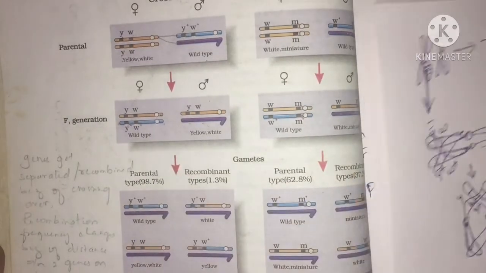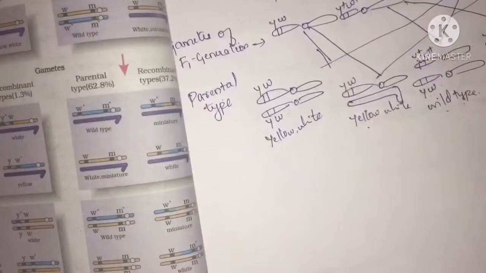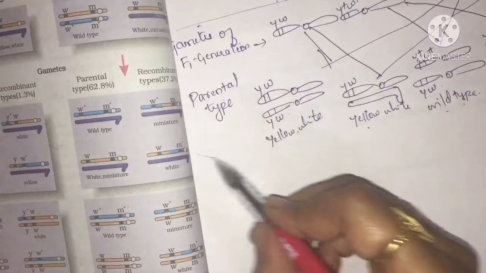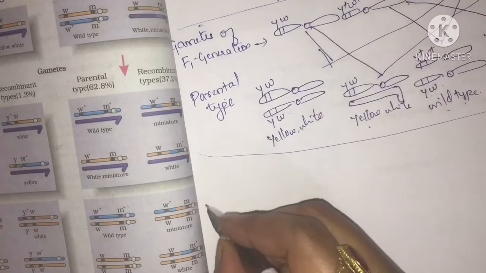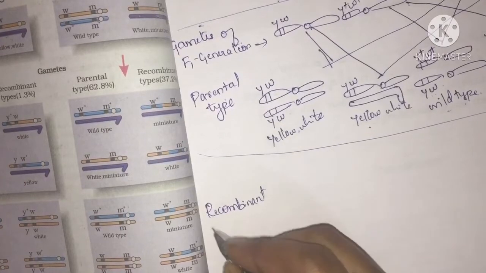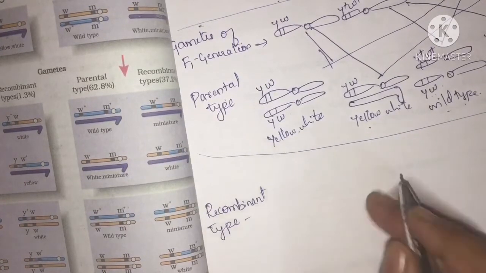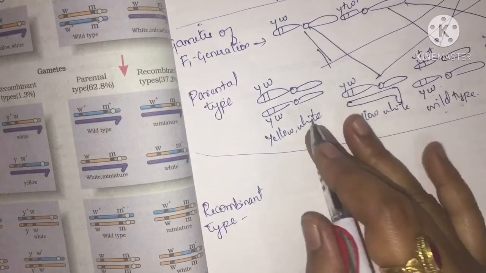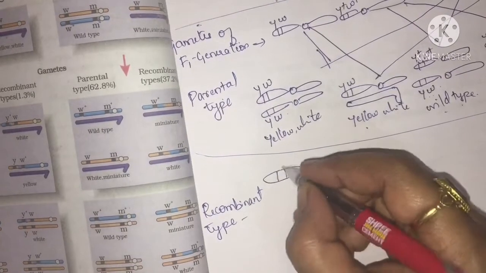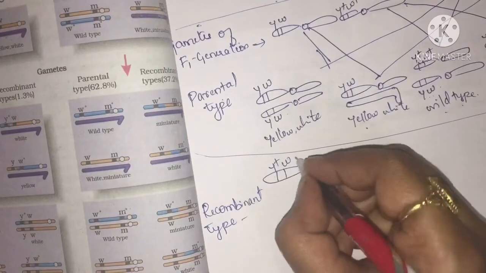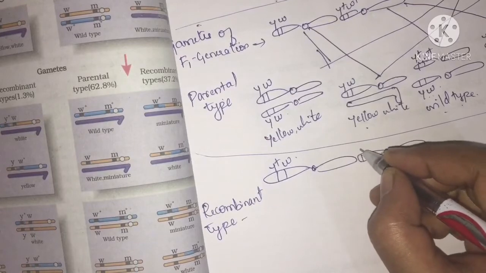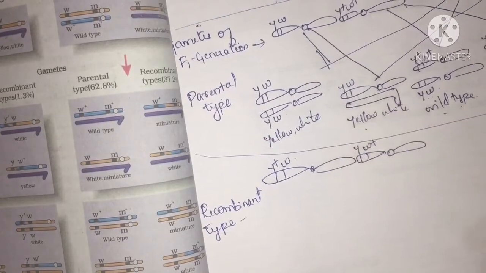In that case what happens? Now I am showing this part, this is parental type, right? Now same F1 generation, recombinant type I will show you here. Now how will that recombinant type be? These are the genes. One Y plus W, another one Y and W plus.